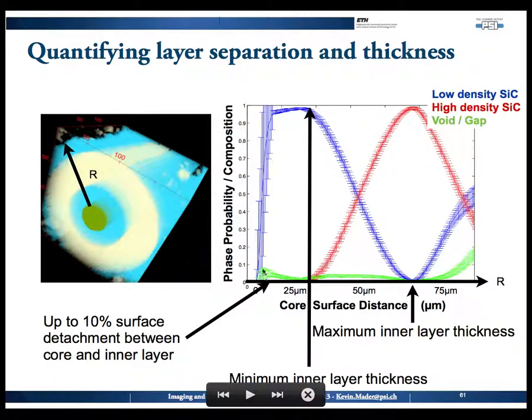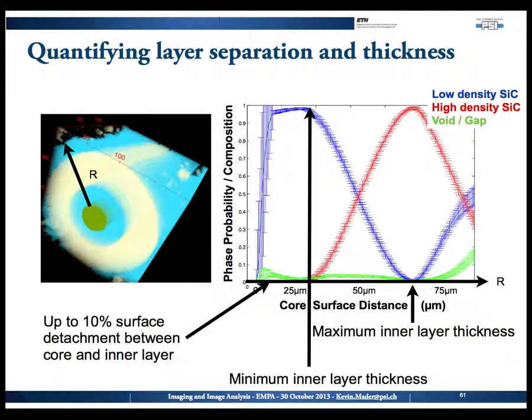As you get further away, you can see this graph slowly drops off here. This is the minimum inner layer thickness, so that now shows up as a very easy to mark point on a curve, rather than requiring you to go into all of these samples and analyze them manually.